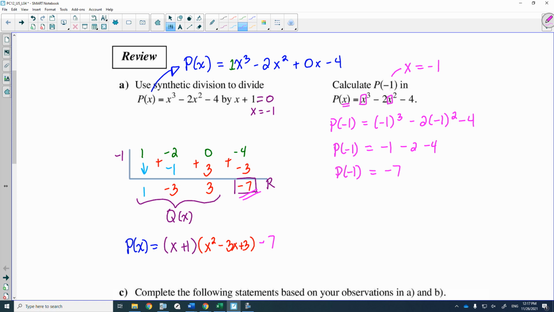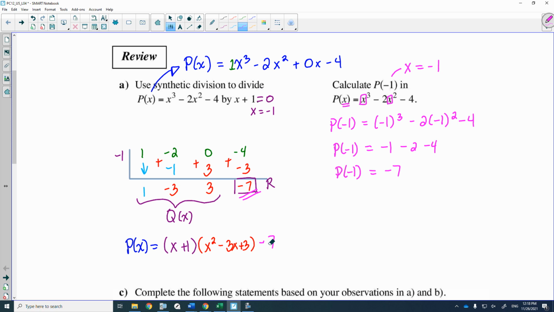What they want you to see and to understand in this example is whether we are synthetically dividing by this root of -1, we get a remainder of -7. Or if I calculate the polynomial, inputting the root of -1, I get the exact same remainder.